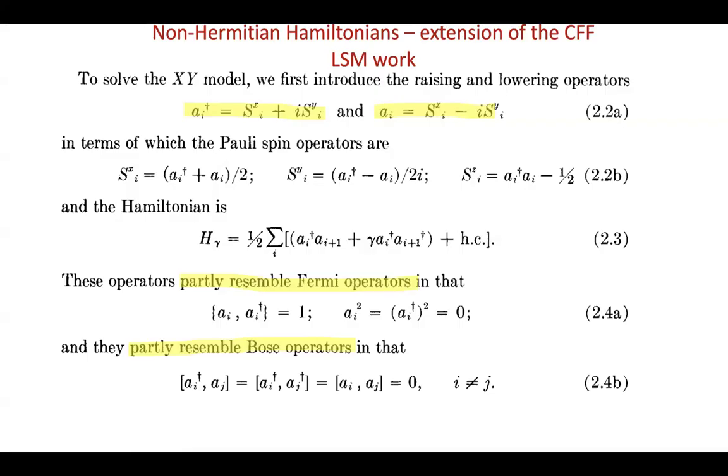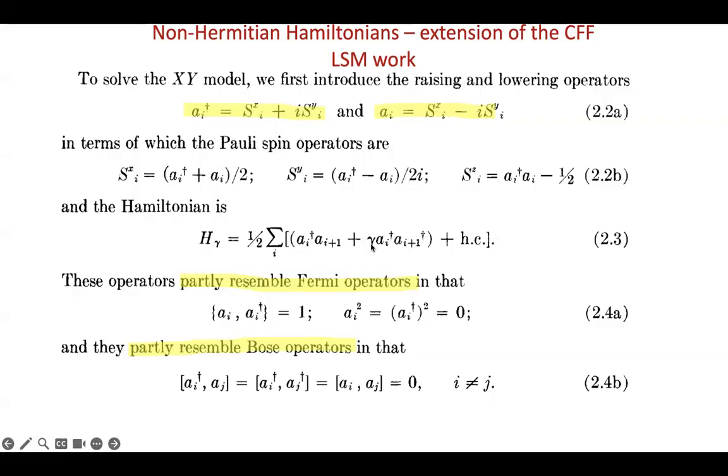And Sz_i can be expressed as A_i dagger times A_i minus a half. And so with 2.2b as your way to travel from the A_i language to the Sx_i language and so on, you can rewrite the Hamiltonian in this form, equation 2.3. So you have A_i dagger A_{i+1}, and you have A_i dagger A_{i+1} dagger.